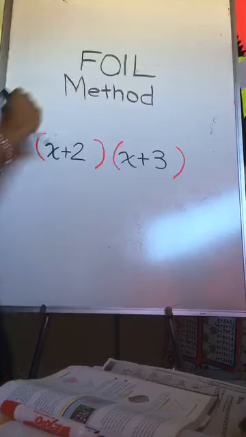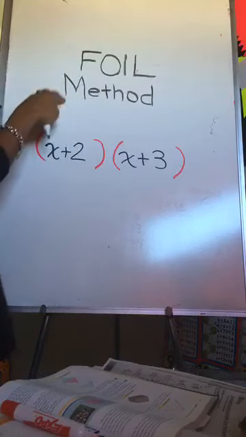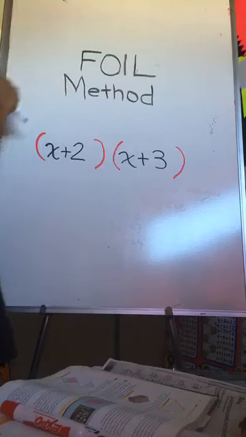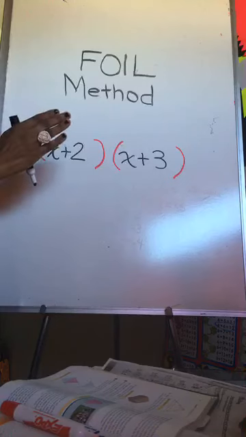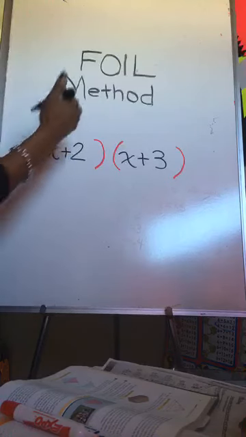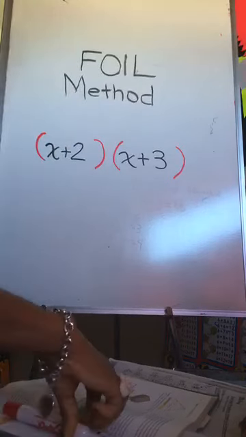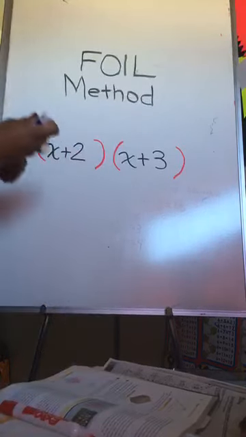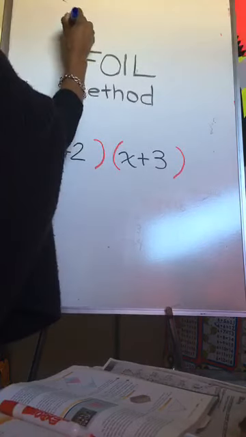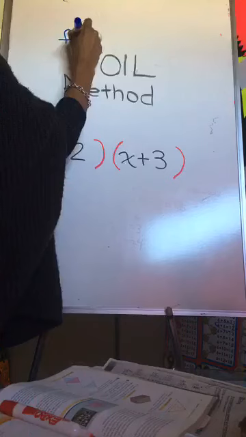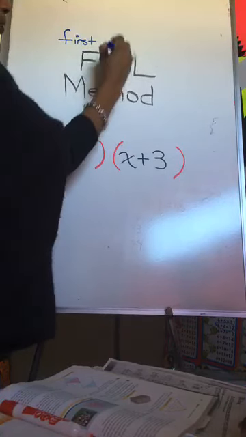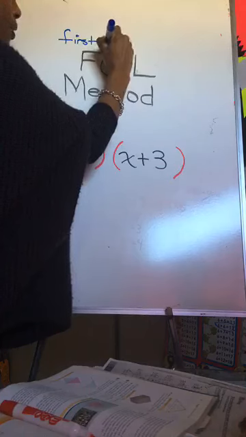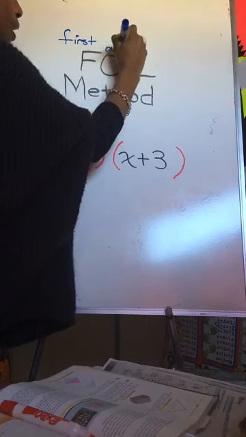All right, today we're using the FOIL method, and FOIL has a mnemonic, and I'm going to spell it out for you. F stands for first. Hope you all can see this. O is outer, O-U-T-E-R.